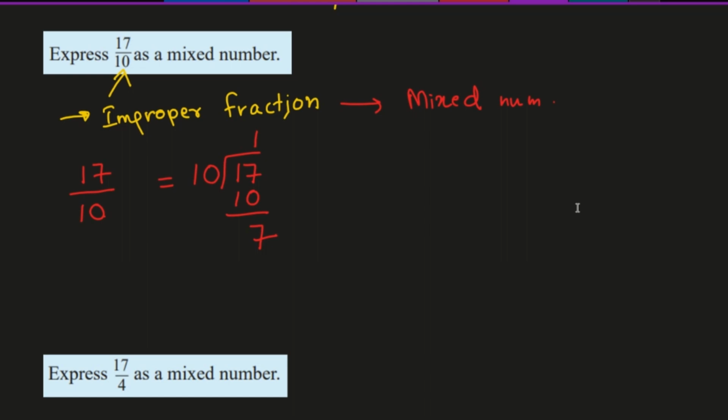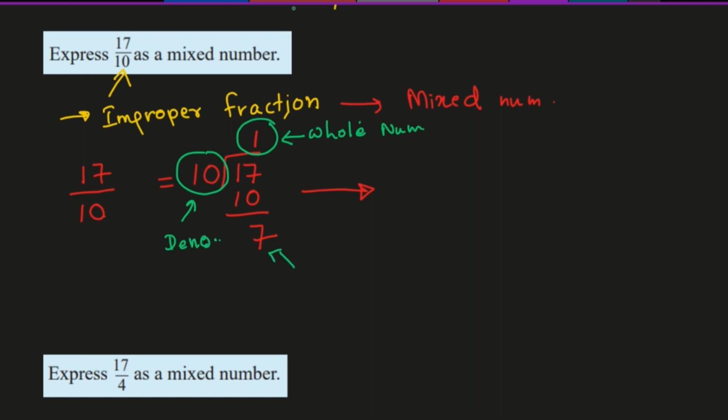So now we can write it as a mixed number like this. Remember, this is the whole number part. Whole number part. Okay. And this should be the denominator.